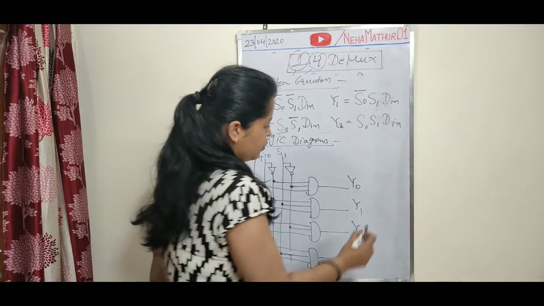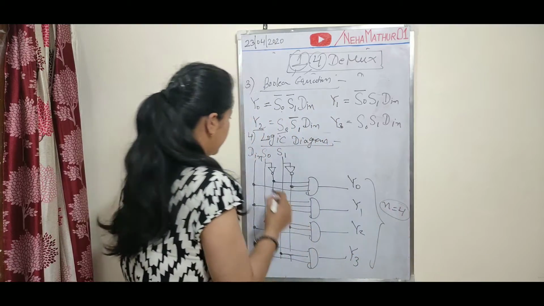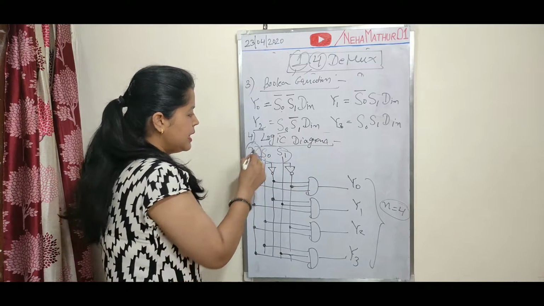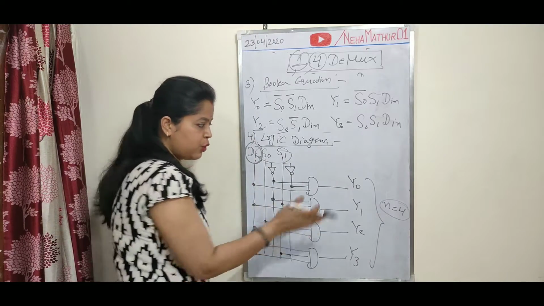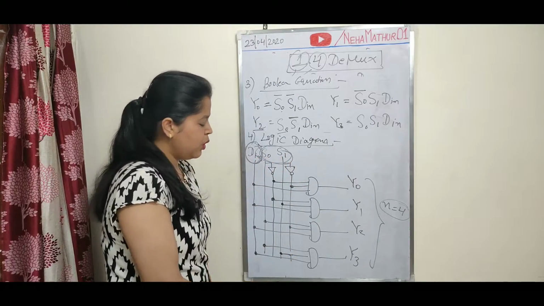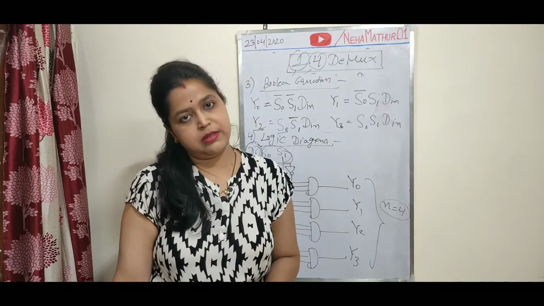Fine. So 4 outputs, single input with the help of 2 selection lines. This single input is distributed over these 4 outputs with the help of the selection lines. So this is the logic diagram for the 1:4 demultiplexer.